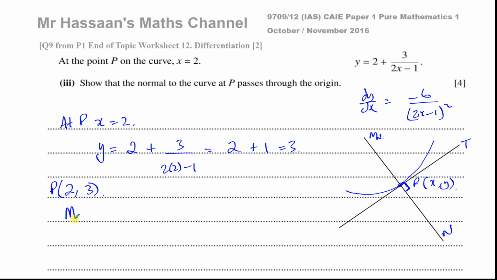Right? And the gradient of the tangent to the curve is found by taking the gradient function -6 over, and we replace the x with 2 in dy/dx. So (2 times 2 minus 1) squared. All right, so that gives you -6 over, that's 4 minus 1, which is 3, 3 squared, which is 9. So it's going to be -2/3.